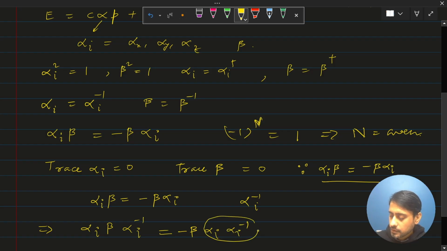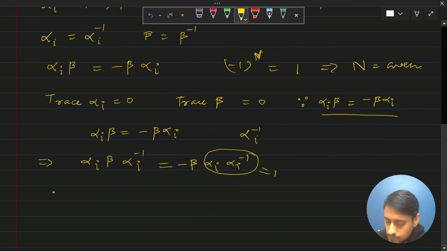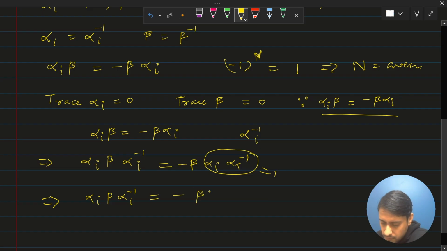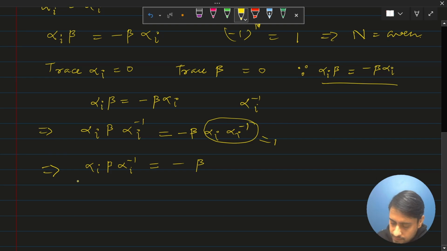These two will give you unity, and we can write it as alpha i beta alpha i inverse equals minus beta. Now if you take the trace on both sides, this will give trace of alpha i beta alpha i inverse.